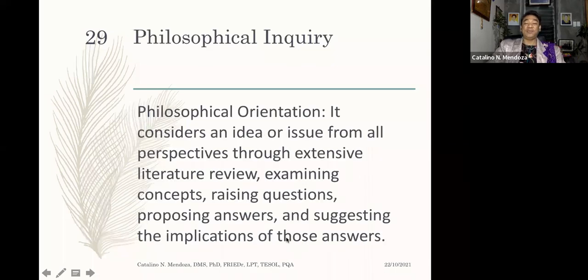So philosophical orientation is considered as looking at an idea or issue from all perspectives through extensive literature review, examining concepts, raising questions, proposing answers, and suggesting the implications of those answers. So that is a philosophical orientation.